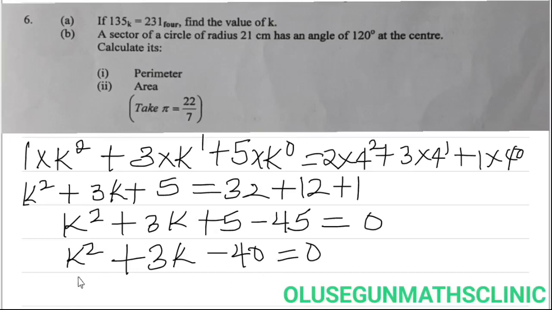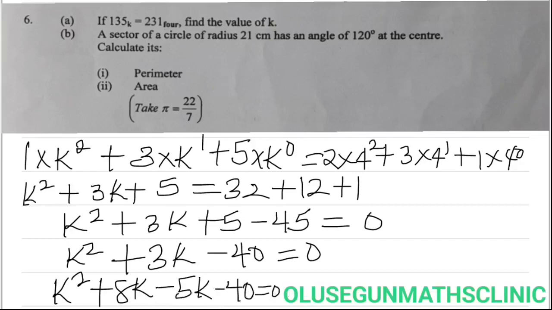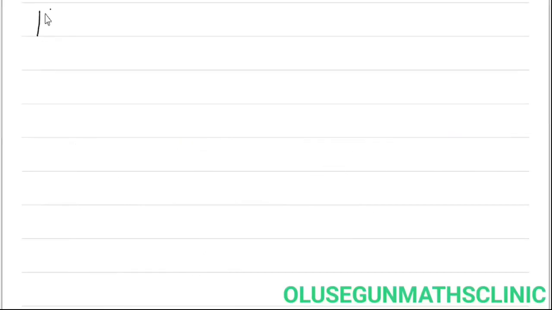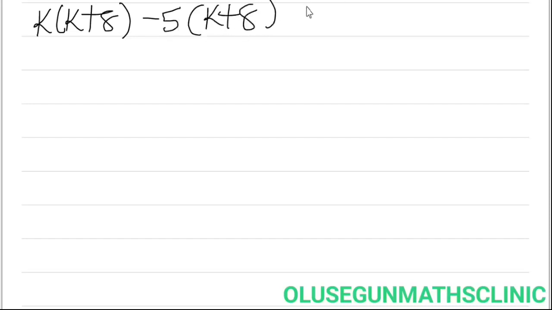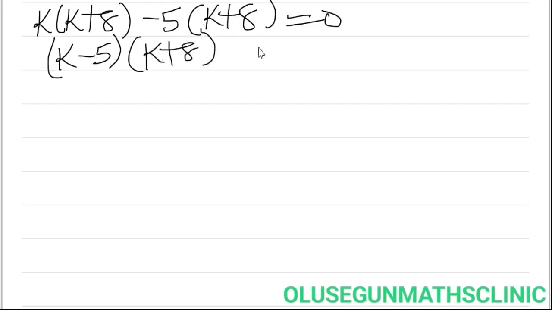So let's try this. k squared plus 8k minus 5k minus 40 is equal to 0. So let's try to factorize. We have k into k plus 8 minus 5 into k plus 8 is equal to 0. So k minus 5, k plus 8 is equal to 0.